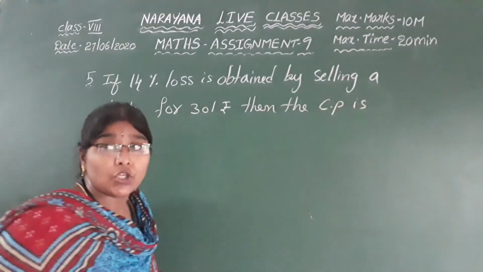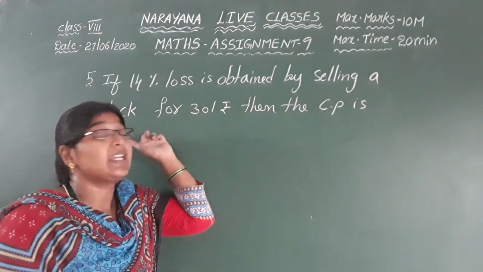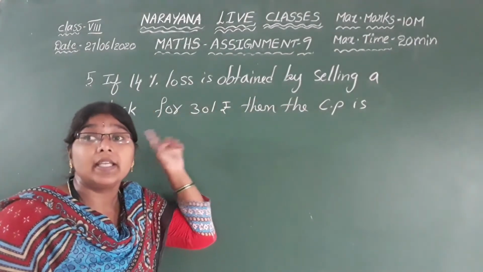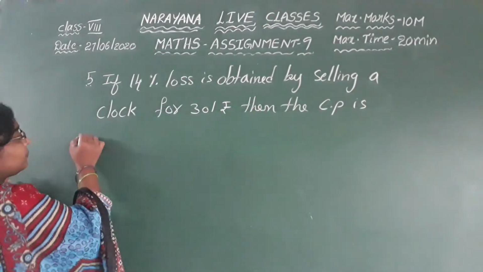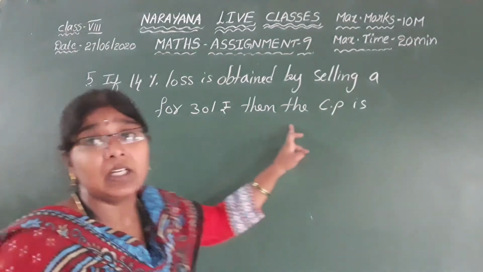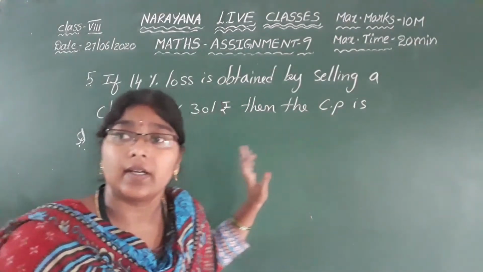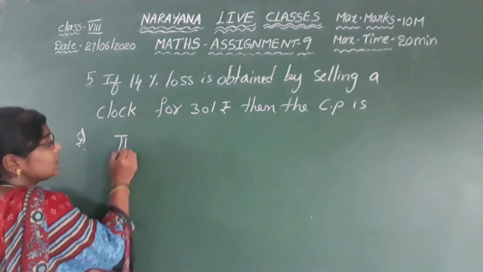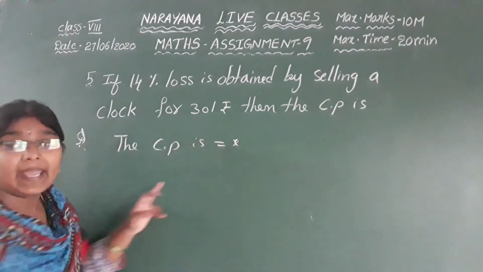CP means cost price. Here we know the selling price is 301 rupees, but the cost price we don't know, so we take the cost price as x.